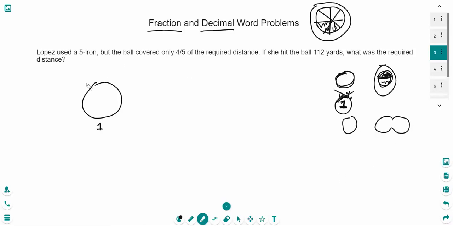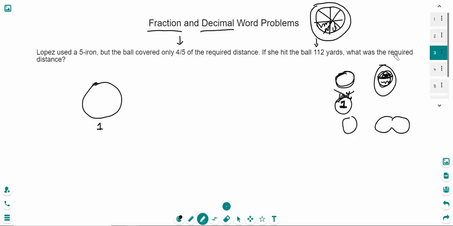All right. So we need to really first look at what's the starting point here. What's the original amount? So Lopez used a 5 iron, but the ball covered only 4/5 of the required distance. So 4/5 obviously is not what's in this whole bubble because it's not the whole pie. It's only 4/5 of it. Okay. So that's not it. If she hit the ball 112 yards, well, she hit the ball 112 yards. That doesn't tell us that's the total length of what she wanted to go.